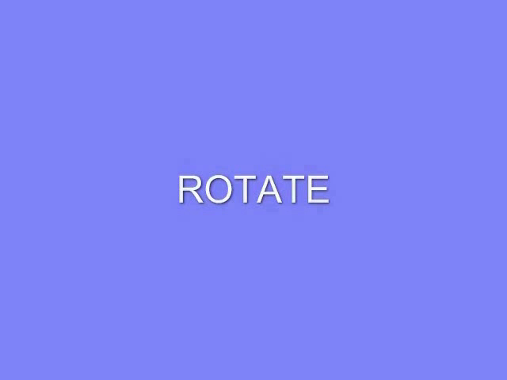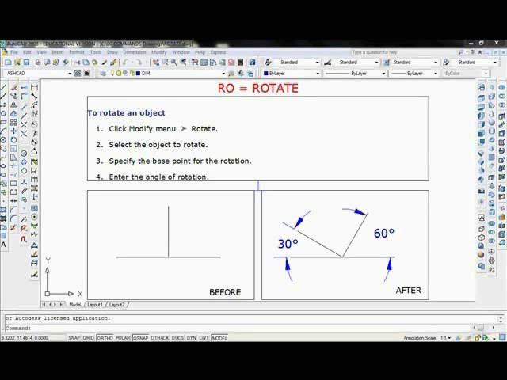The rotate command is another one that I use quite often. All you gotta do is type RO enter. I'll select this line and select the base. I want the line to go clockwise, so it has to be a negative number. So I'll simply type minus 30. Repeat the command. This time I'll take this vertical line, enter.